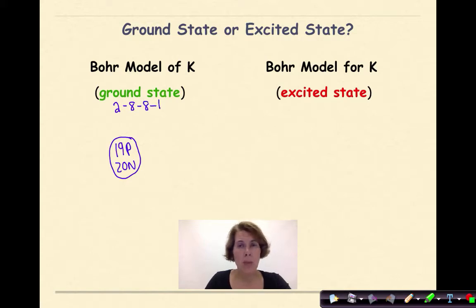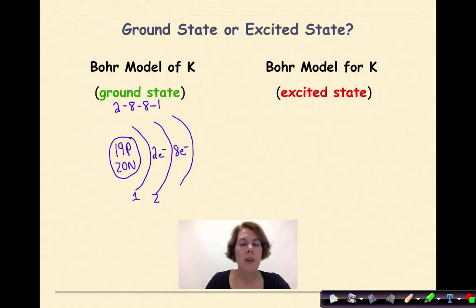So if I was to draw a Bohr model of this, I'd say, well, in my first principal energy level, I'm going to have 2 electrons. In my second principal energy level, I'm going to have 8 electrons. In my third principal energy level, I'm going to have 8 electrons. And in my outermost principal energy level, my fourth principal energy level, I'm going to have 1 electron, which I know is my valence electrons.